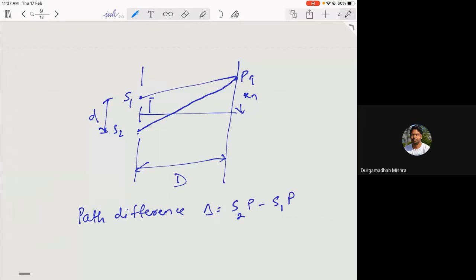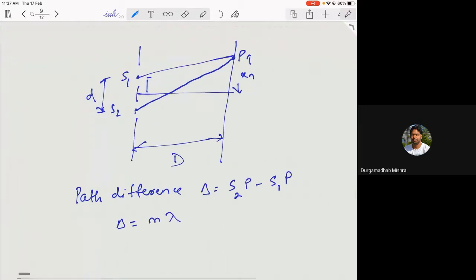If this delta is equal to an integer multiple of lambda, where m is equal to 0, 1, 2, and so on, you will observe constructive interference.